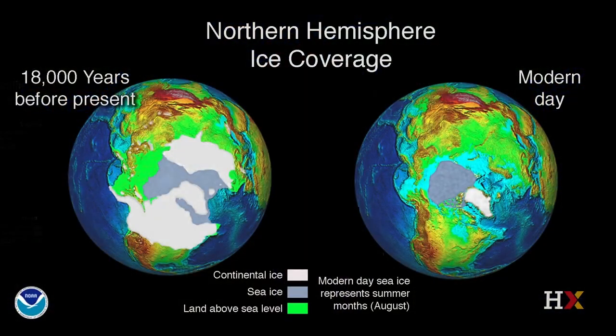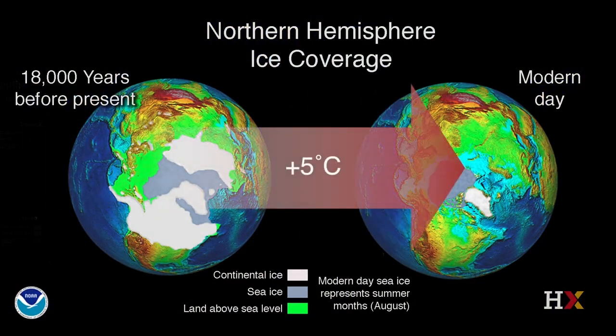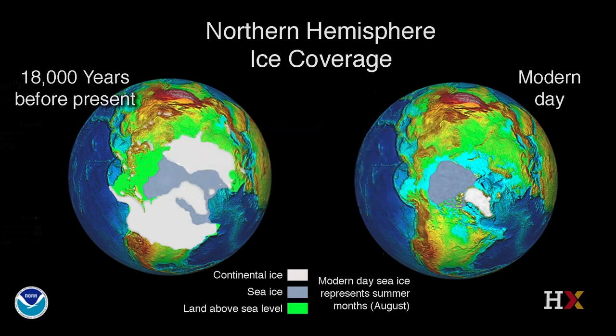Day-to-day variability can easily be 20 or 30 degrees. So a change of 5 degrees seems pretty small, but in fact, it's the difference between ice sheets covering half of North America versus essentially no ice anywhere in the northern hemisphere except for an ice sheet over Greenland and the Arctic Ocean being covered with sea ice.